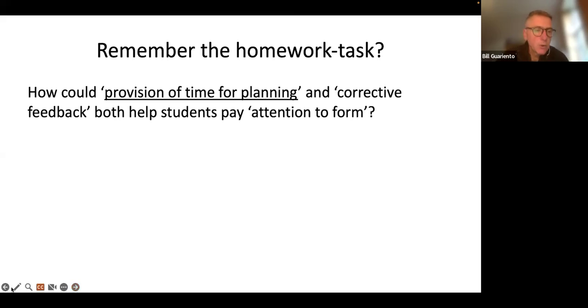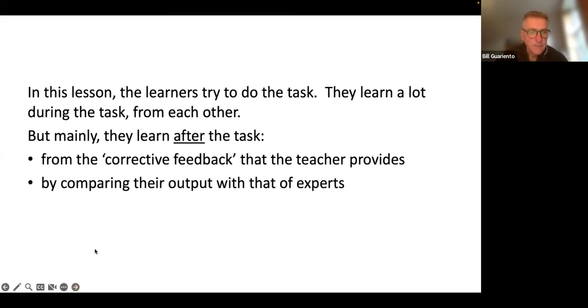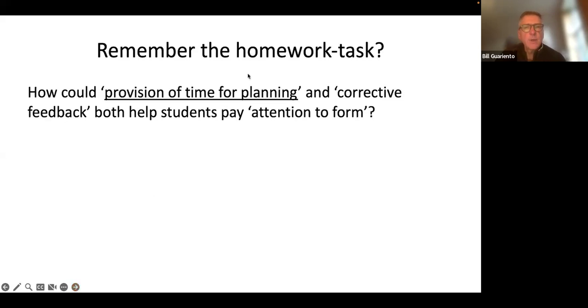Okay, so we've talked about corrective feedback, and then we also talked about how provision of time for planning is useful and how that could help students pay attention to form.